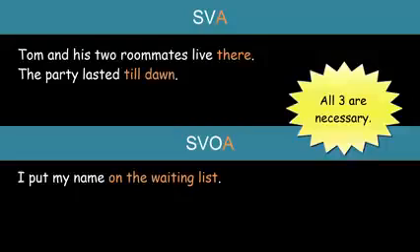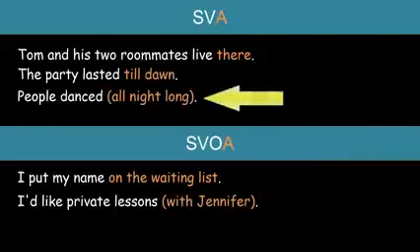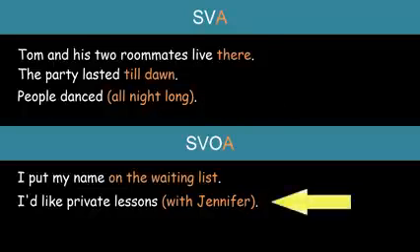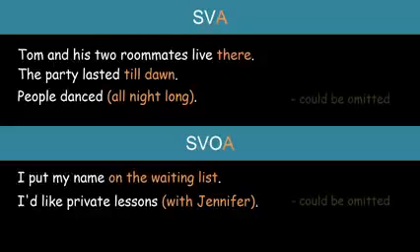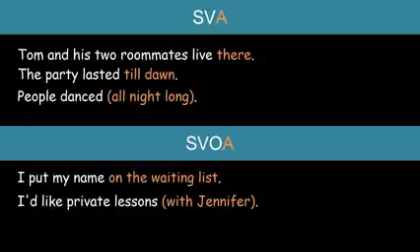No, they're necessary. Now look at these next 2 examples. People danced all night long. I'd like private lessons with Jennifer. I'd argue that these adverbials could be omitted. We'll talk more about terminology in a couple minutes.